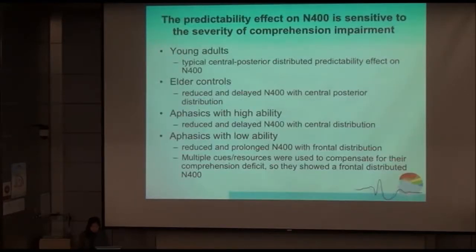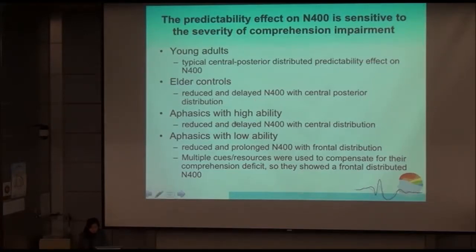So to summarize, by using sentence reading, we replicated the typical central posterior distributed predictability effect on N400 from younger adults. But elder controls show a reduced and delayed N400.